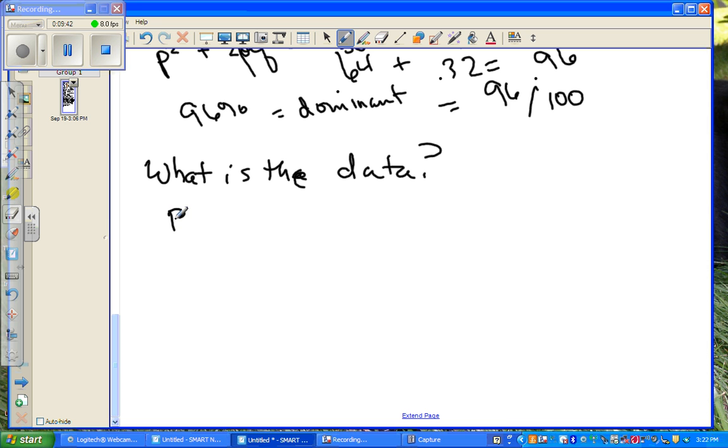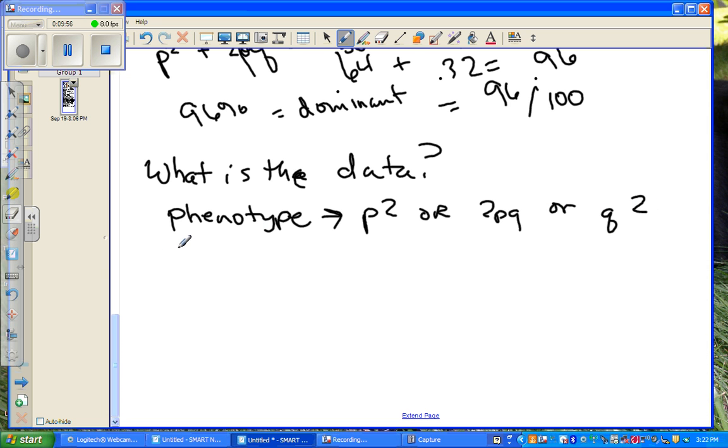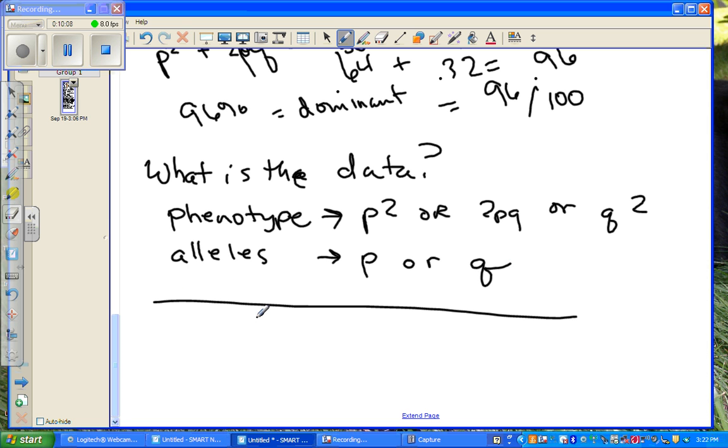If the data is phenotype, you're going to be looking for p squared or 2pq or q squared. If the data is alleles, so the percent or the proportion of alleles, you're going to be looking for p or q. This is going to be very important for you.